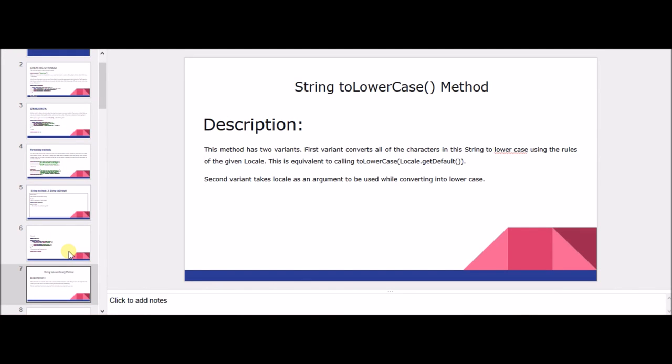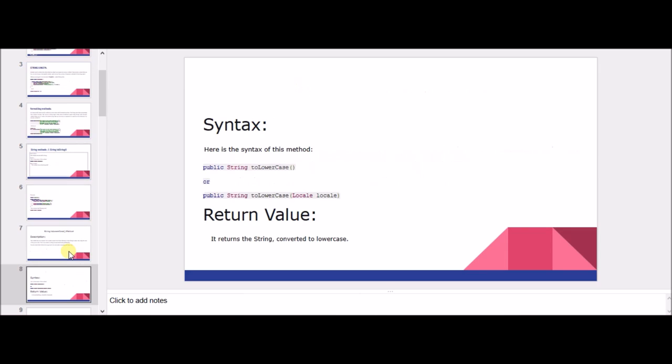The next method that we are going to see is toLowerCase. This method simply converts all the characters in the string to lowercase. The syntax for this method is variable.toLowerCase(). Let us execute this example.